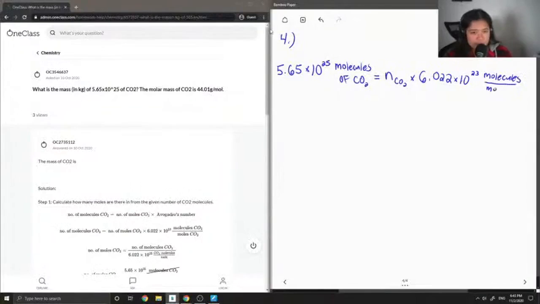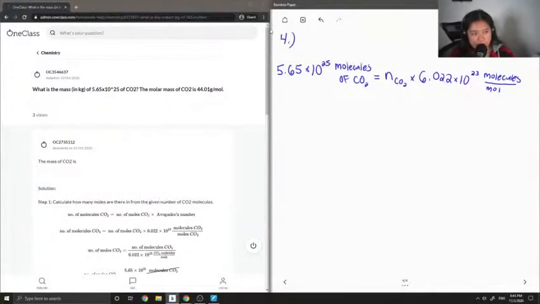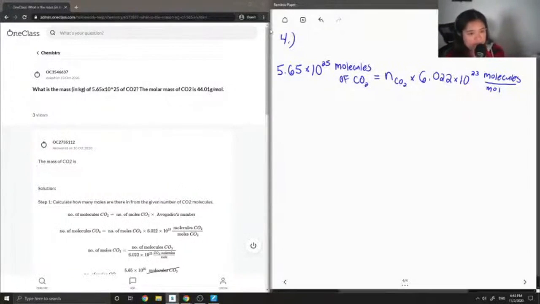It doesn't have to be molecules, it can be photons or particles, just depends on the way that it's worded in the question. And its value is 6.022 times 10 to the 23, and then the units are molecules per mole.